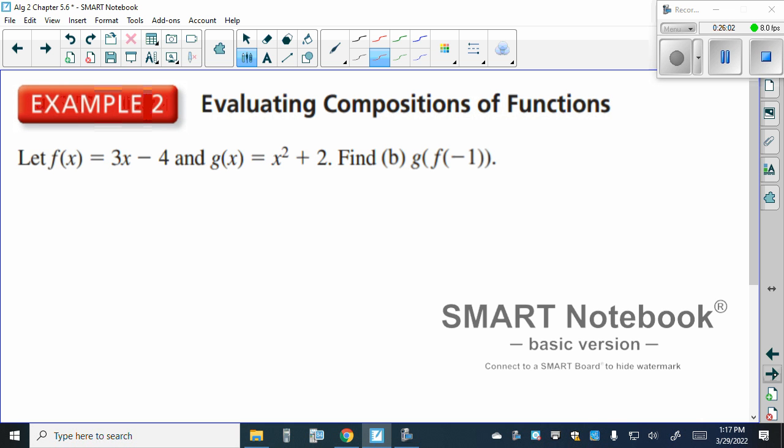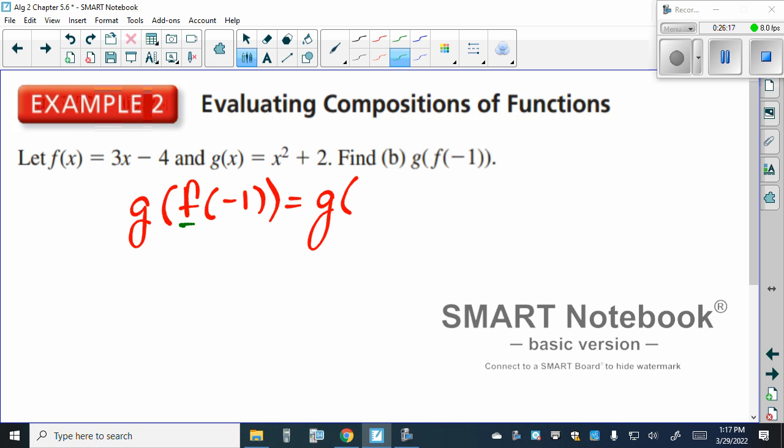So this time we're looking at g of f of -1. And again, we're going to work from the inside out. So we're going to look at f of -1 first.